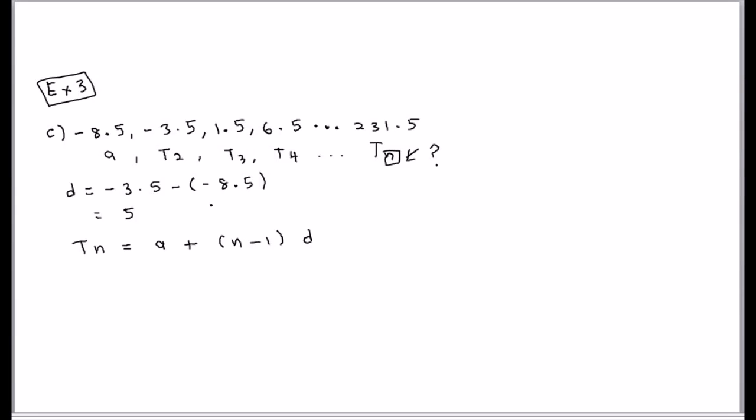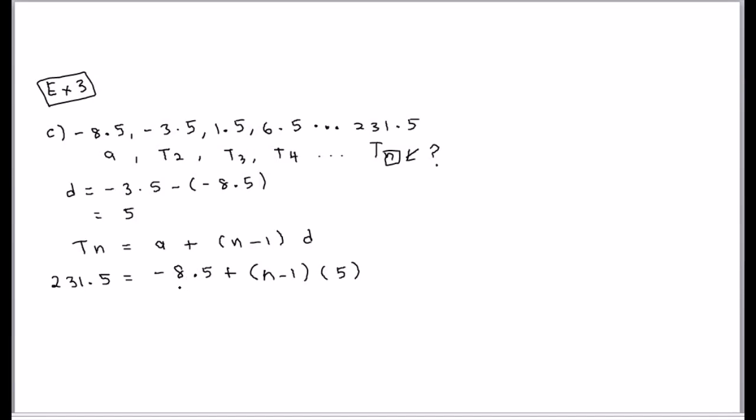Tn is 231.5 equals A, which is the first term, negative 8.5, plus n. N is the value that we want to find here, Tn. (n minus 1) multiplied by d, 5.